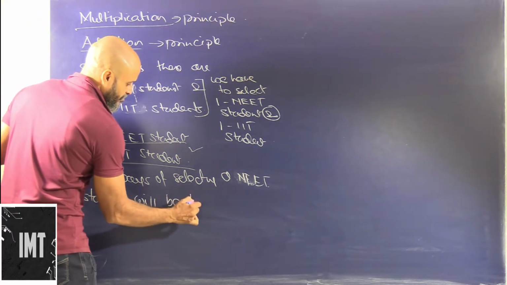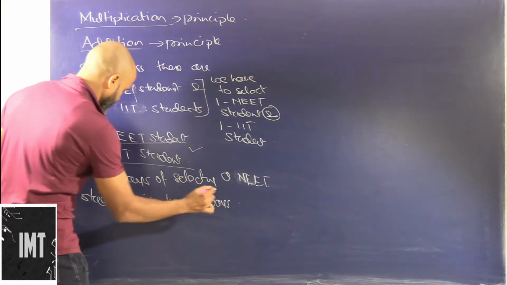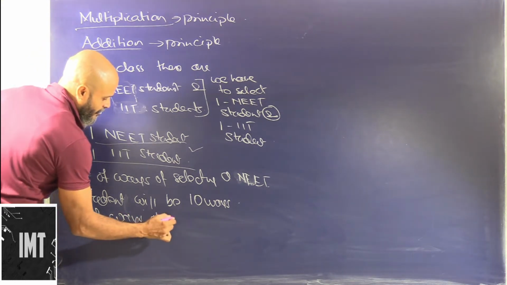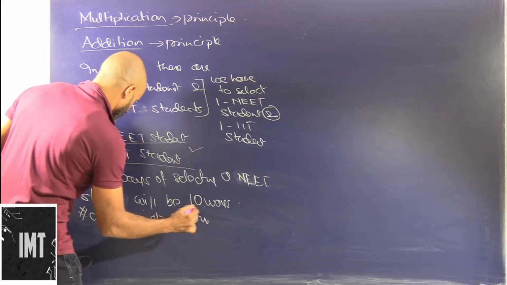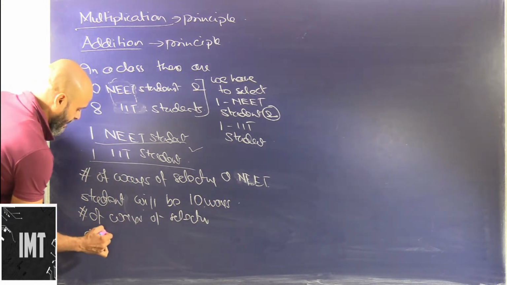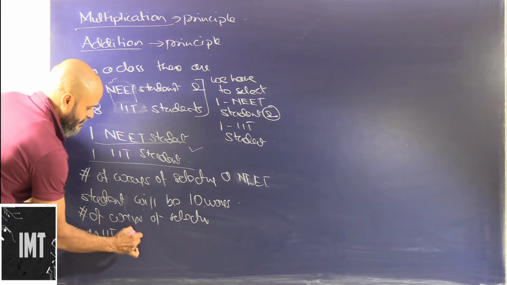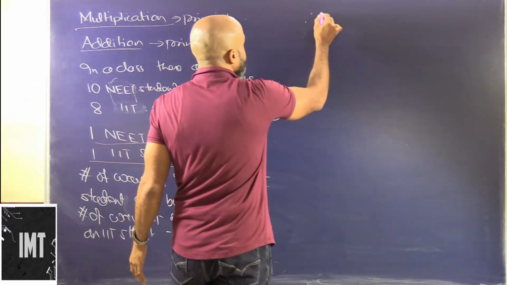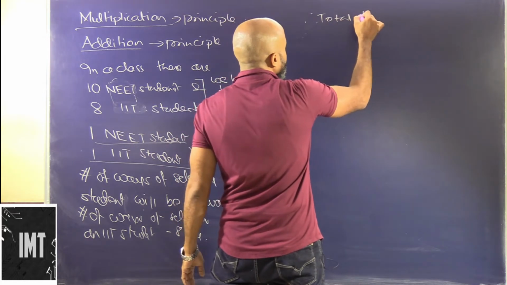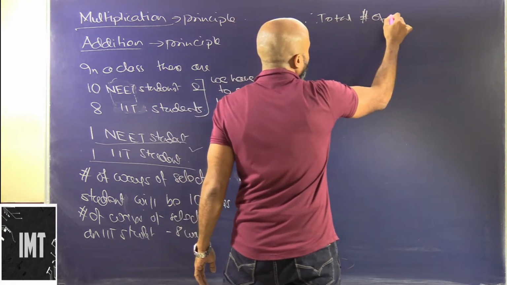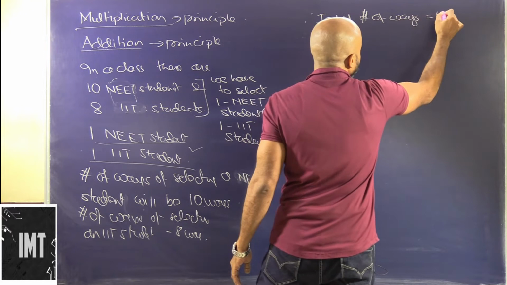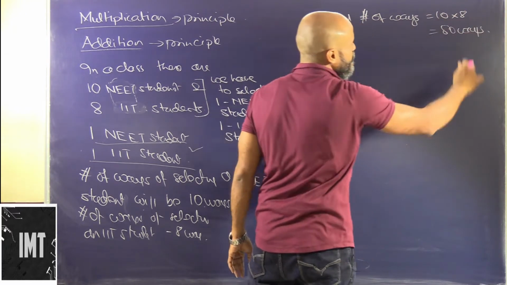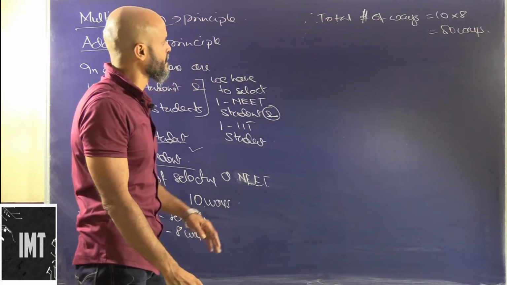And the number of ways of selecting an IIT student will be how many? Obviously 8 ways. So the total number of ways will be 10 into 8, that is 80 ways. These will be the total number of ways in selection.